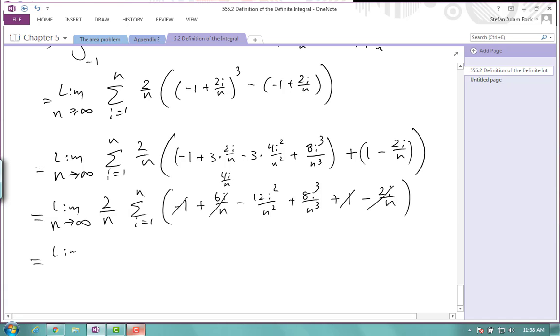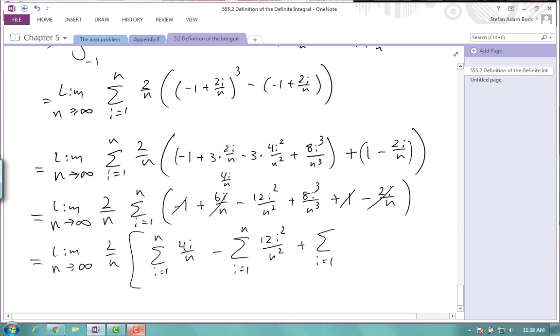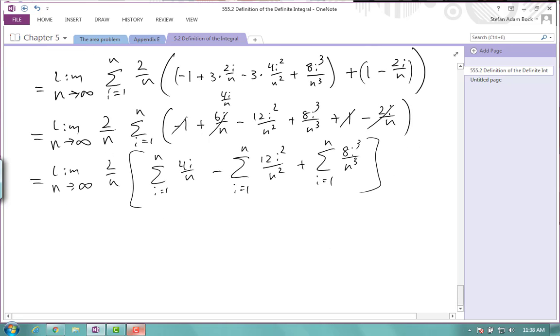So now if I distribute my summation, I have the sum i equals 1 up to n of 4i over n, minus the sum of 12i squared over n squared, plus the sum of 8i cubed over n cubed. And I have to factor everything that's not an i out of each of those sums.